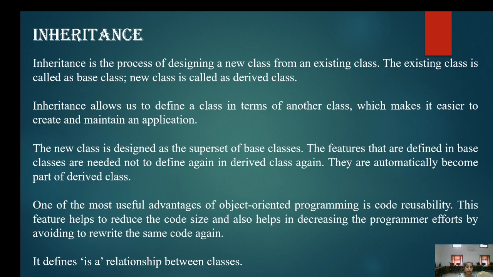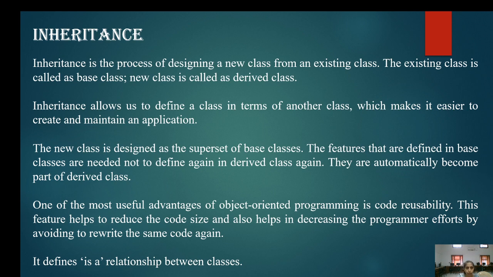Next is inheritance. Inheritance is another feature of class. Here we can define a new class from existing classes. So inheritance is the process of designing a new class from an existing class. The existing class is called the base class. The new class is called the derived class.